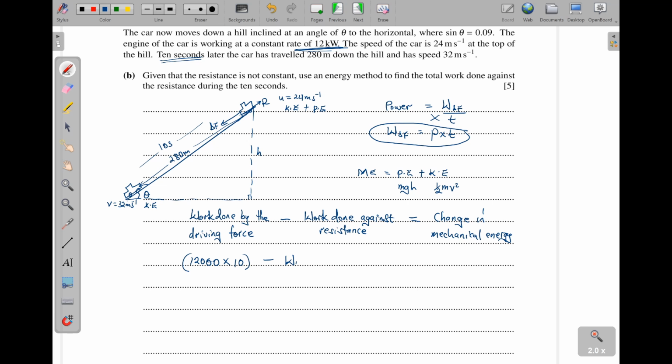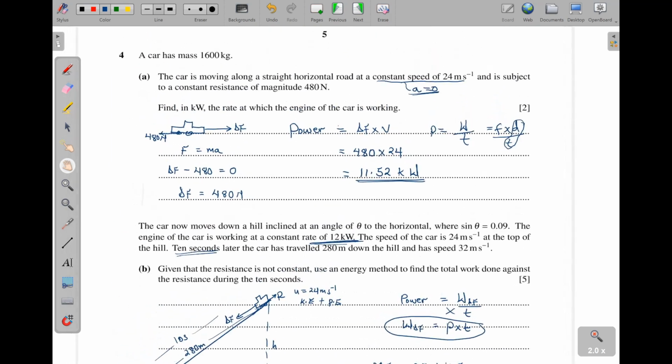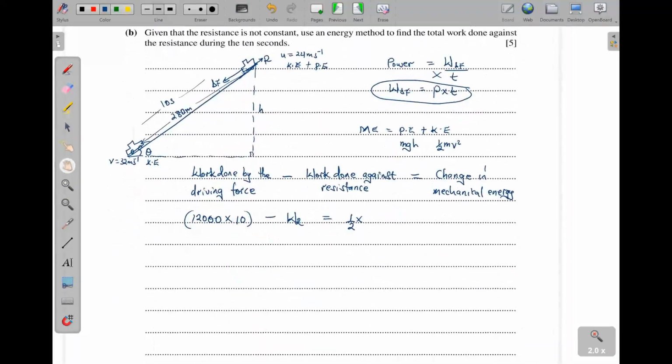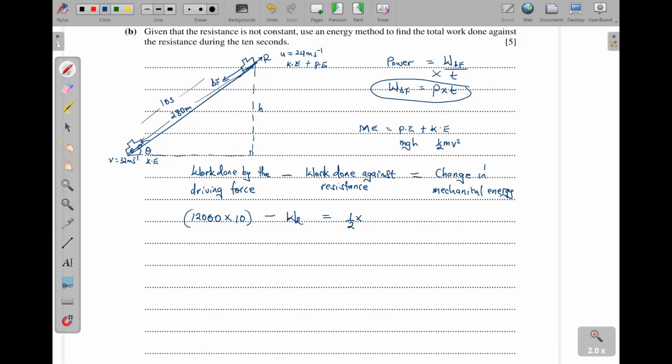that is the one we are looking for, is equal to the change in mechanical energy. We get the final minus the initial. For final, we have only kinetic energy, so a half times the mass. The mass was given as 1,600, so 1,600 times 32 squared.